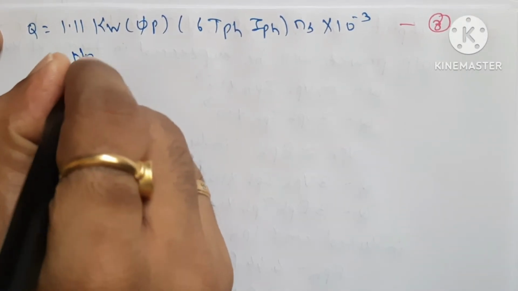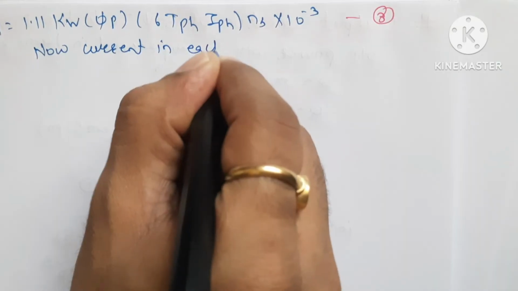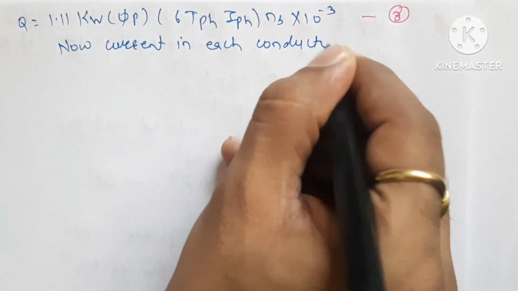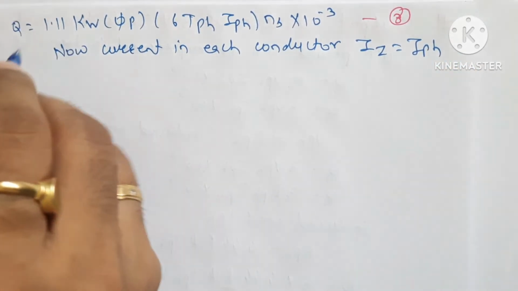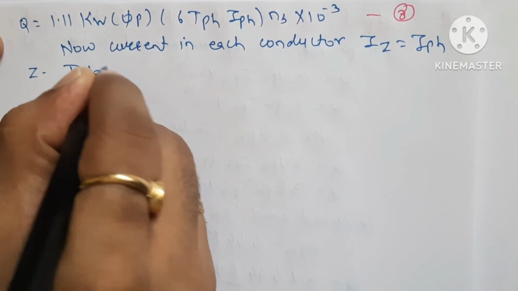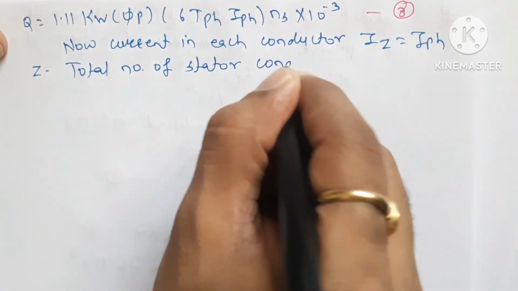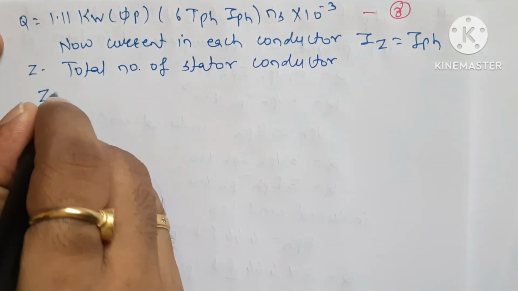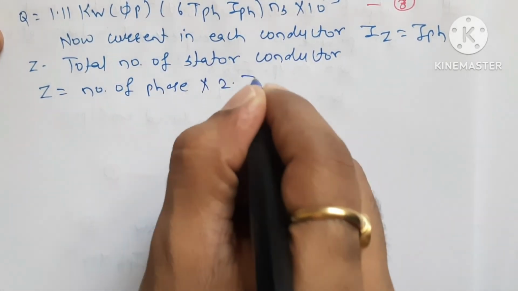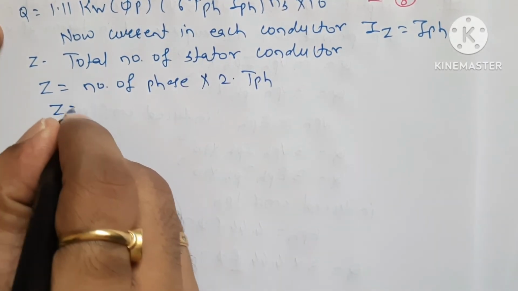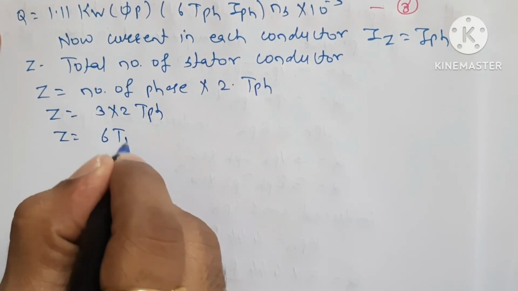Now the current in each conductor, that is IZ, is equal to IPH, the current per phase, and Z is the total number of stator conductors, which can be found by Z is equal to number of phases into 2 into turns per phase, that is Z is equal to 3 into 2 TPH, therefore Z is equal to 6 TPH.